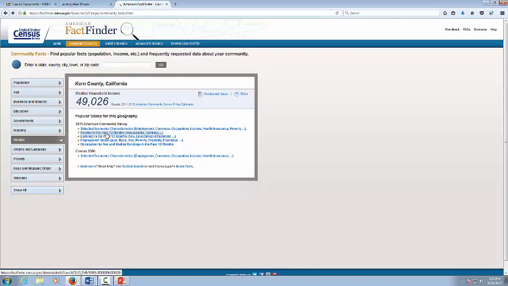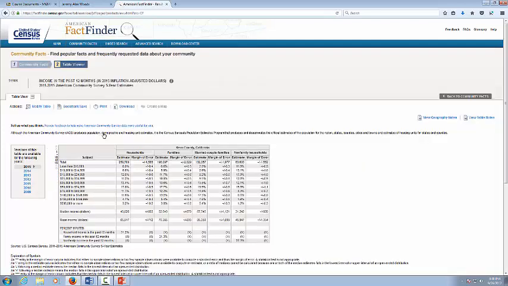Here is a different report that's generated by the Census Bureau. And only the Census Bureau knows why they titled their reports the way they do. Sometimes you have to click on different links until you find the one that you need. Based on trial and error that I've done in the past, I know that income in the past 12 months is what we're looking for.